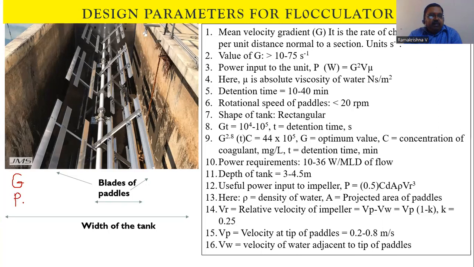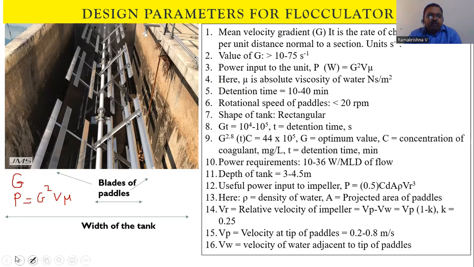The power requirement P is equal to G squared V mu, the same formulas we used there. V is the volume of the tank, which you calculate by multiplying flow by the detention time. Here we are using 10 to 40 minutes of detention time, and the mean velocity gradient is around 10 to 75 per second.